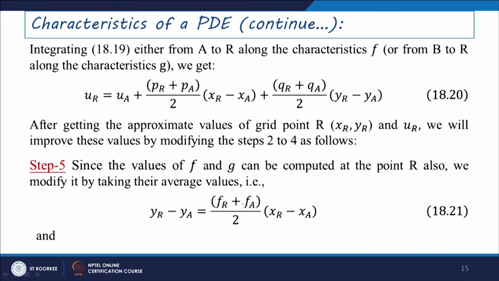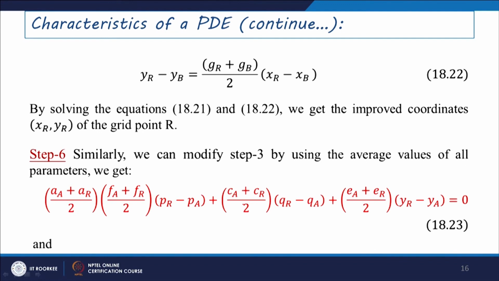So, we can just write this one as (A + AR)/2 into (FA + FR)/2, since both these functions we have just written in step 3 here, that is like A FA (PR − PA) + CA (QR − QA) + EA (YR − YA) = 0.